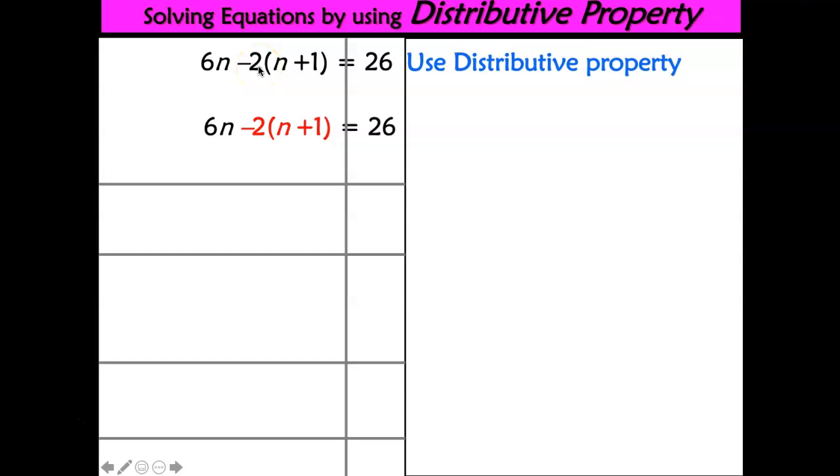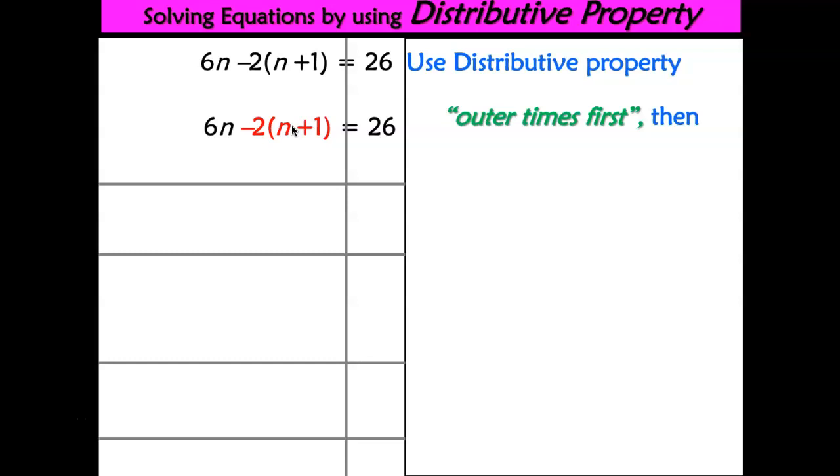In this example, it's going to be -2. It's taking the symbol here on its left and multiplying it to every term inside the bracket. So I've written it down here, and I also use the color red so that you can easily see it. So let's get started.